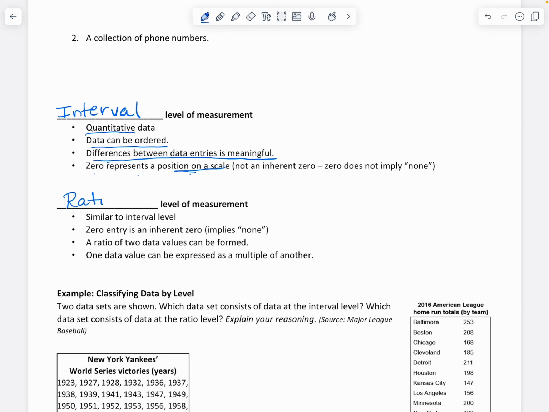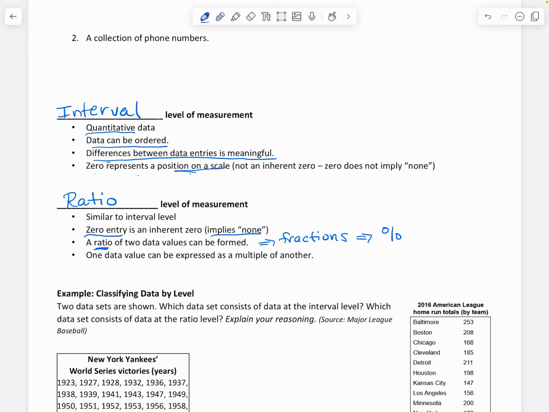The last one is the ratio level of measurement. It's very similar to interval. However, now that 0 entry does have an inherent 0. It does imply none. The ratio can be formed, and that's going to be very, very important to us, because from a ratio, oftentimes we refer to ratios as fractions, and if it's a fraction, we can move it to a percent.